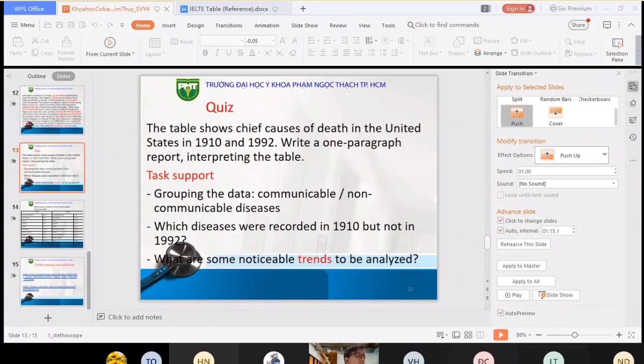If you compare figures of the same categories, it means you compare pneumonia in 1910 with pneumonia in 1992. That's one way. Or when you choose to compare figures within group, it means you compare, for example, pneumonia in 1910 with cancer or with accident in 1910. So compare within groups or compare within categories. Two ways for you.